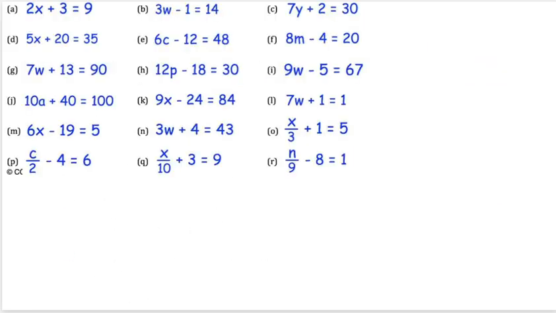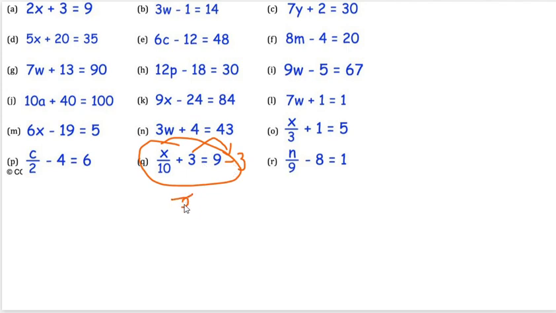Now the last ones, these are more examples. Let's take this for instance. We have x over 10 plus 3 equals 9. The first thing we have to do is transpose this 3 to the other side. When transposing it, our sign changes. So instead of being +3, it will now become -3.